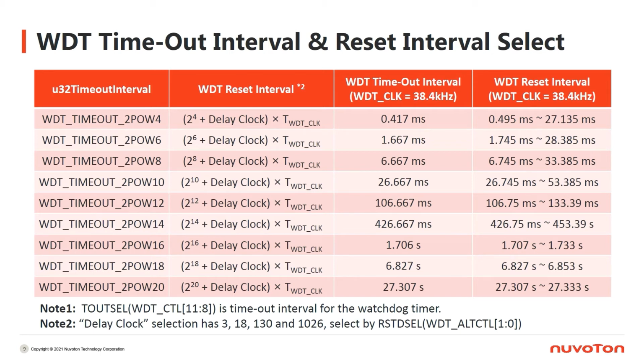If the delay clock is 1026, the maximum one, the WDT reset interval would be 27.135 microseconds. Therefore, the WDT reset interval would be in the range from 0.495 microseconds to 27.135 microseconds.